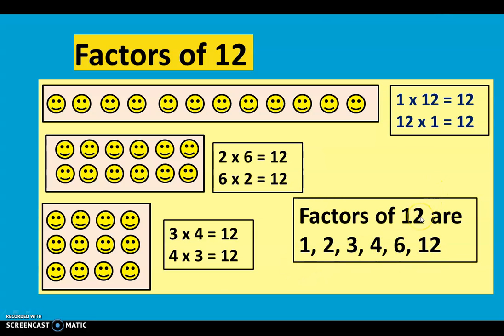That is always there for all the numbers. So for any number you take, 1 and the same number will be factors for sure. The remaining numbers you will have to find out by using the multiplication table.